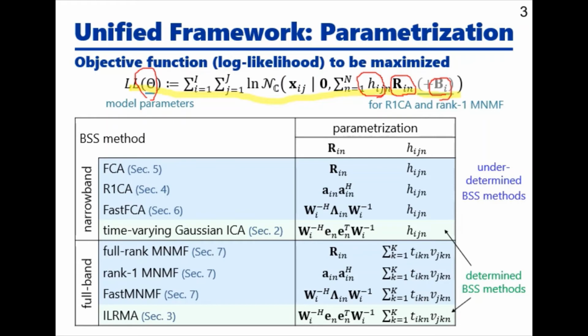The difference between BSS methods lies in the parameterization of R and H. In FCA, both R and H are free parameters.